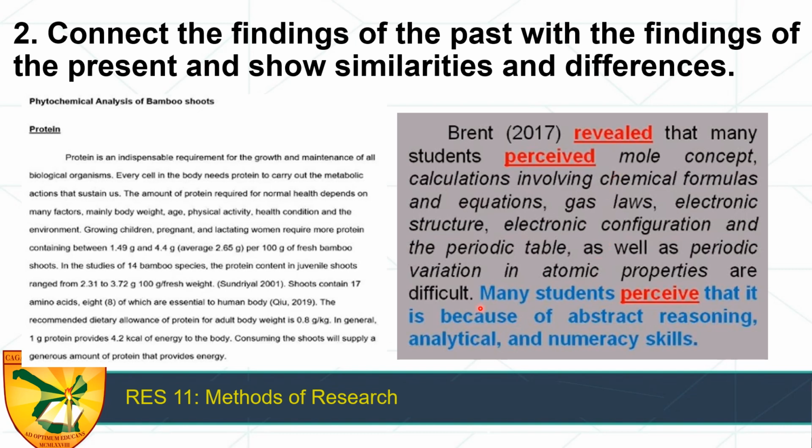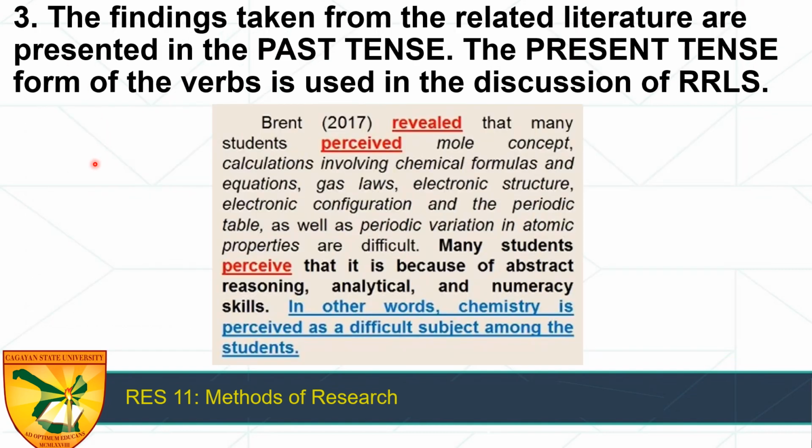But the one in blue here, stating that many students perceive that it is because of abstract reasoning, analytical, and numeracy skills, is in present tense because this is your tone or author's tone. This is what you are saying in that synthesis. So this is what you actually do in the third step.